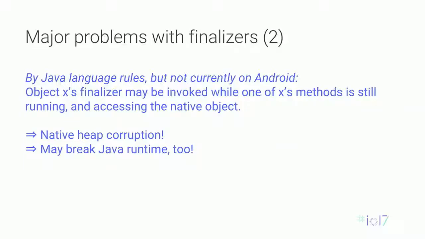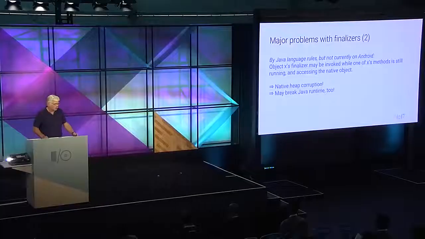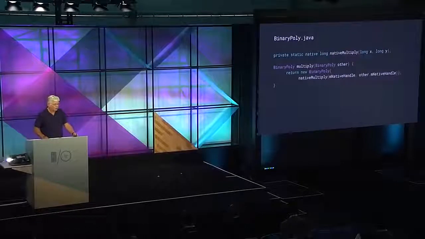So while I'm still running a method on that object, it may end up getting finalized. This can result in the same sort of phenomenon. I get native heap corruption and as a result, possibly Java runtime corruption. Let me explain why that happens.